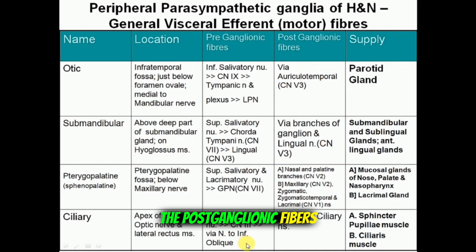The postganglionic fibers come out of the ciliary ganglion via short ciliary nerves and eventually supply two smooth muscles. One is the sphincter pupillae muscle, which will constrict the pupil for pupillary light reflex, and other is the ciliaris muscle, which will help in accommodation of the lens.